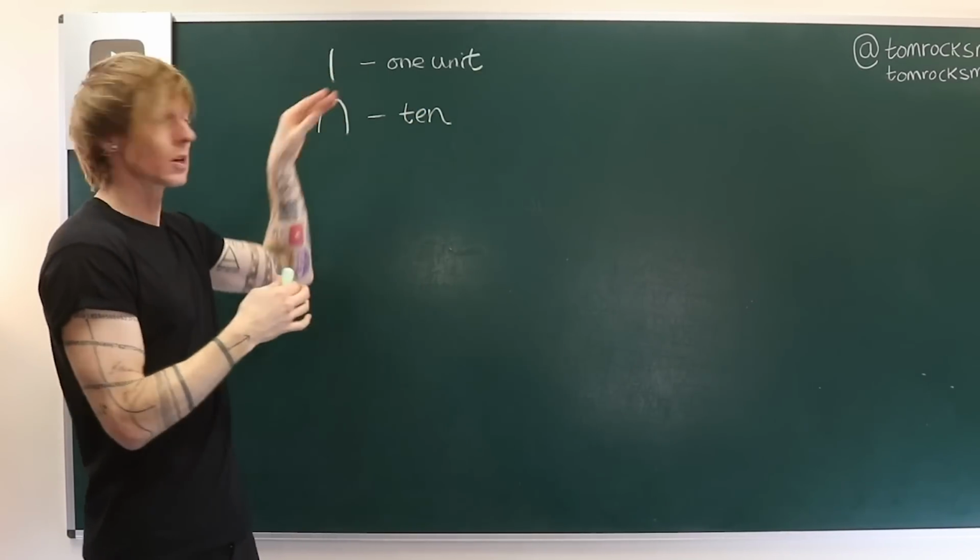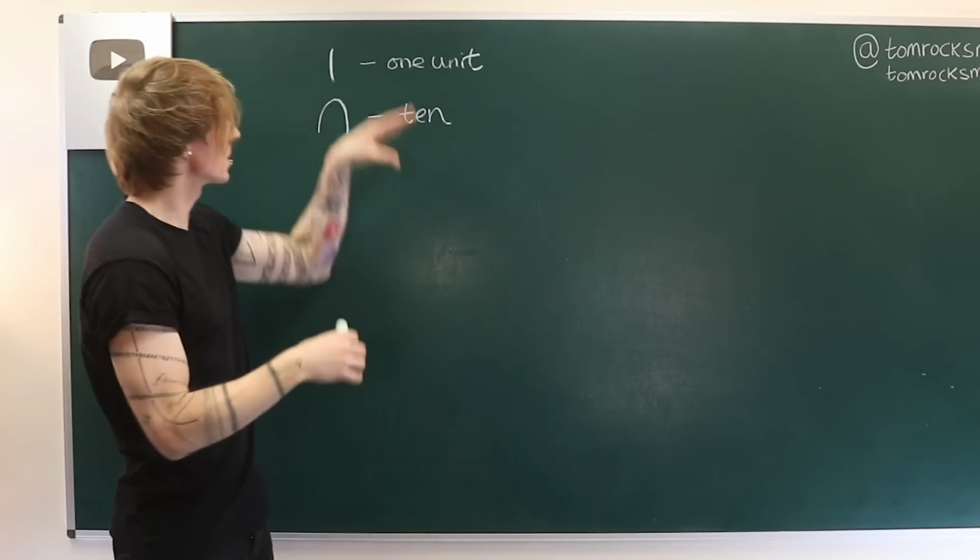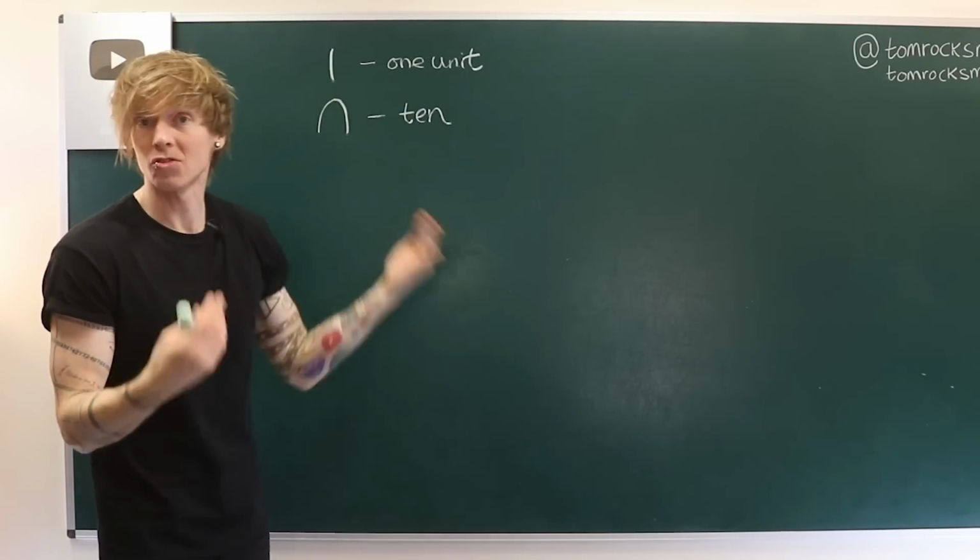As with the single units, 9 of these would represent 90, and then the units would be given by the number of straight lines.